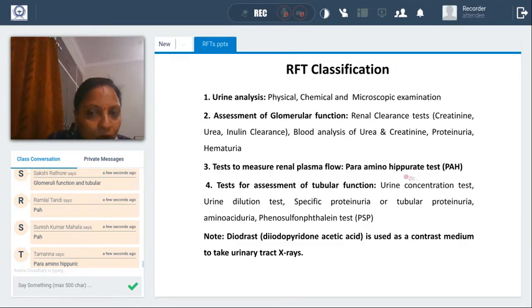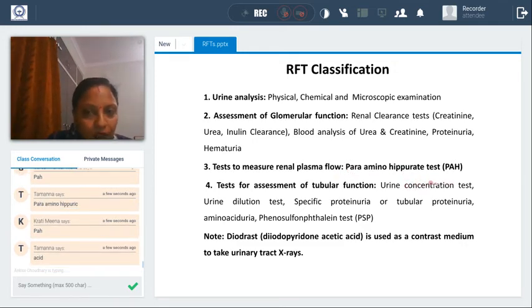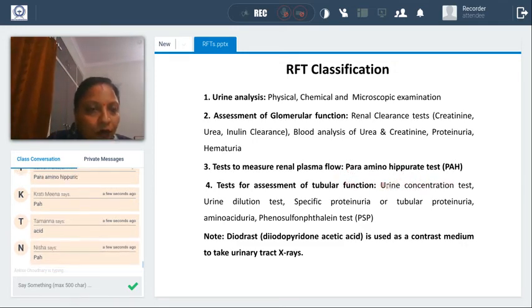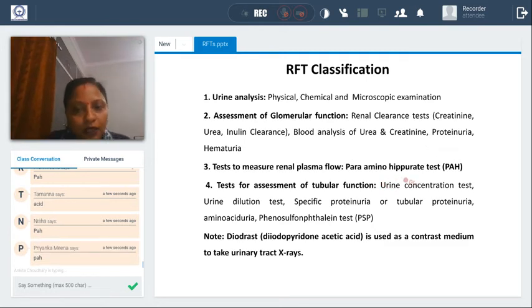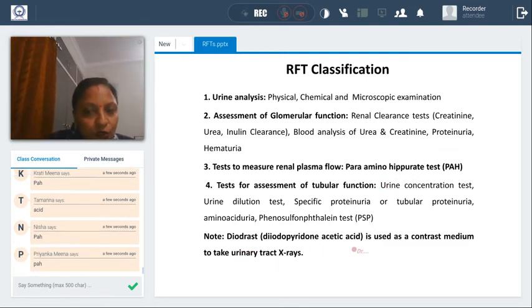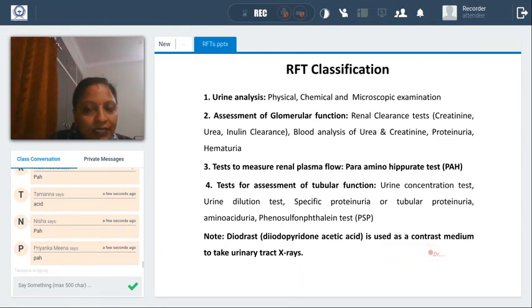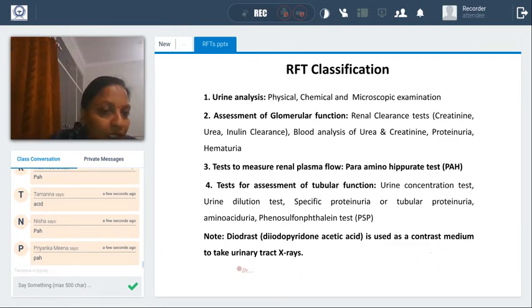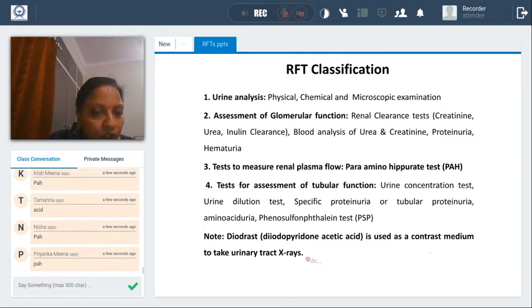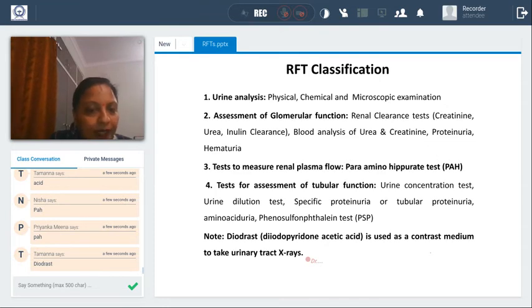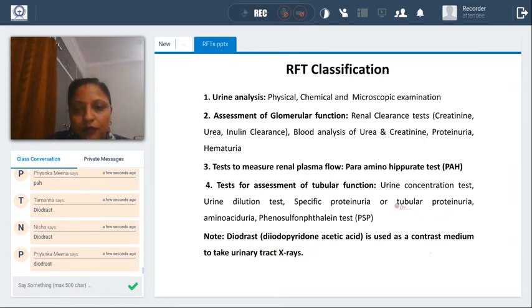Yes, para-aminohippurate test, PAH. Next, which substance is used as a contrast media to take urinary tract X-rays? This is Diodrast, diiodopyridone acetic acid. Yes.